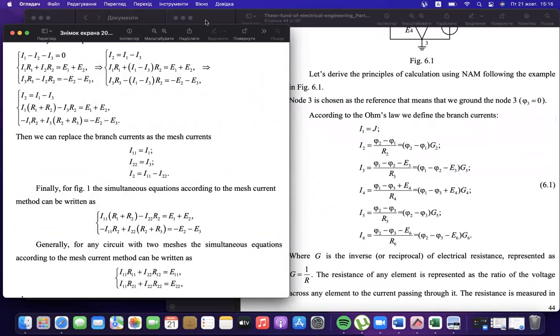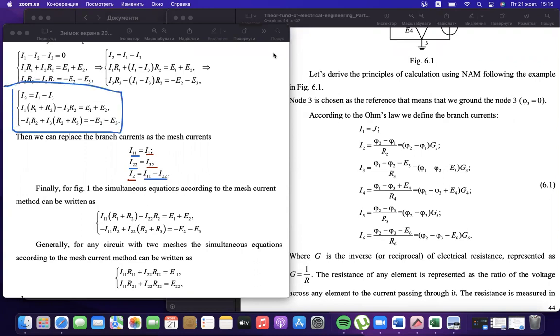Here it is. In the method that will be next time, for mesh current, as we see, we're making substitution of real currents as some meshes, and instead of the real system, obtaining a mesh current system.